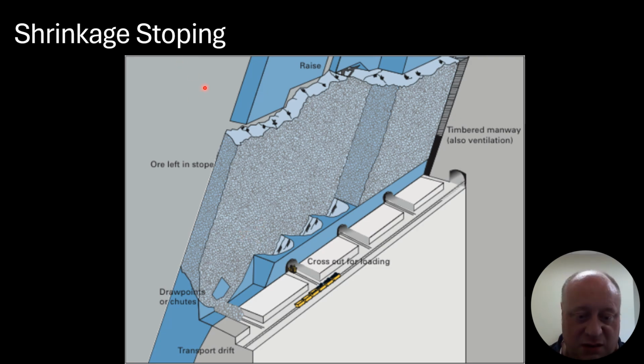Once again, a relatively thin, vertical or steeply dipping ore deposit. It has to be dipping enough to where the ore can flow downhill, right? So typically over 50 degrees, the ore's got to be able to flow. But what they do here, you shoot down the ore, okay, and it's left in place, right?